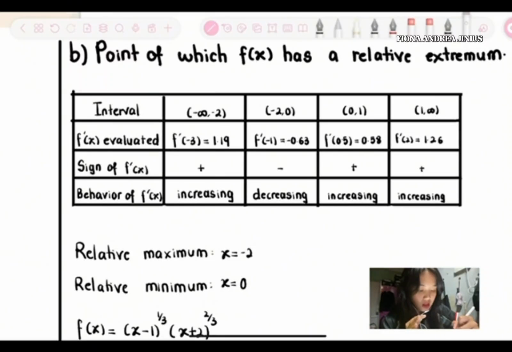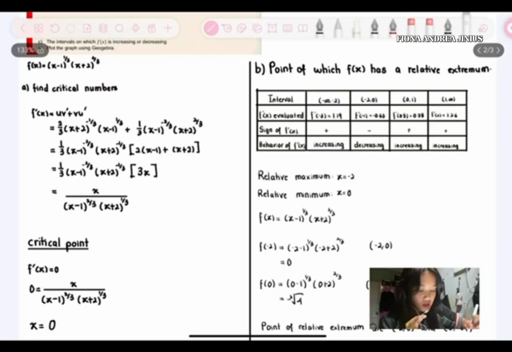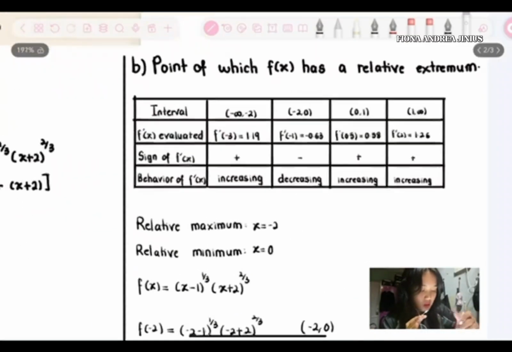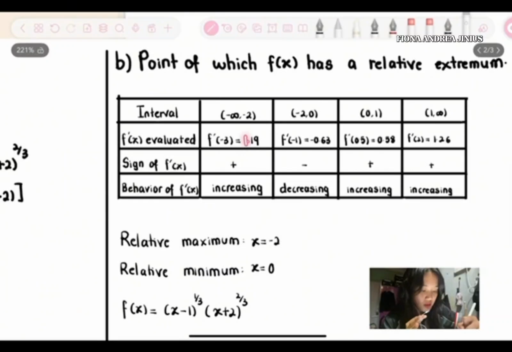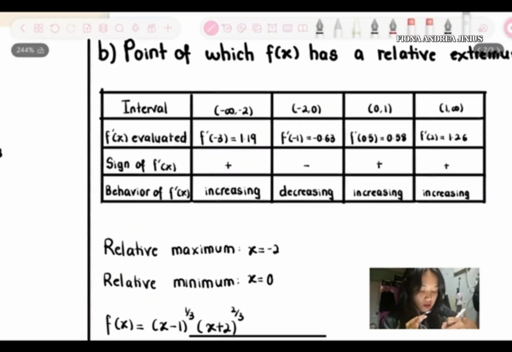So here I choose -3, and you insert it into f prime x. After inserting, I got 1.19, and the sign of f prime x is positive. Since the sign is positive, the behavior of f is increasing.